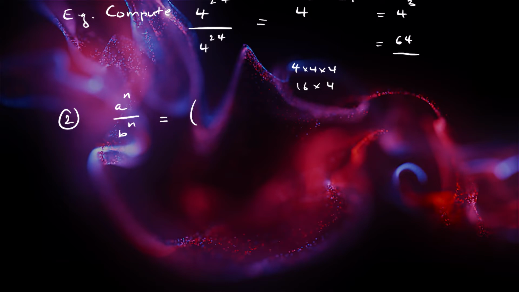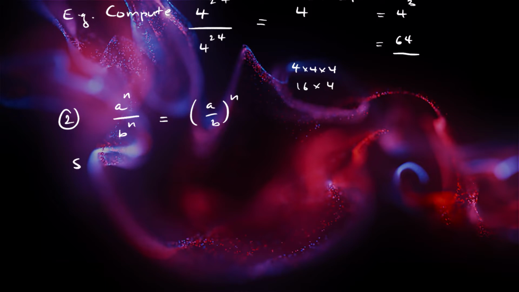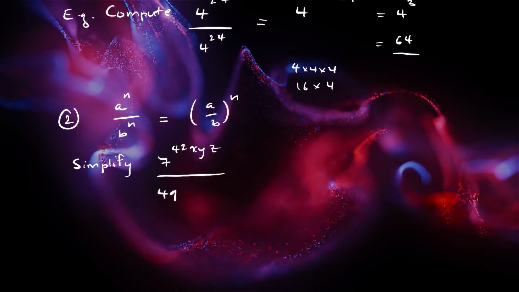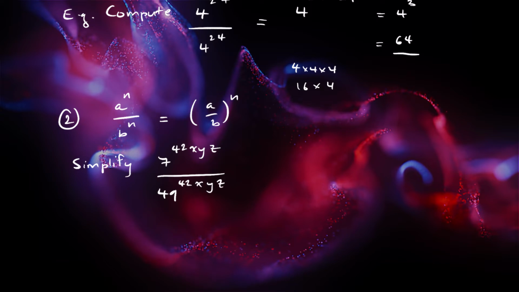So we would get a over b raised to the power of n. For example, let's simplify 7 raised to the power of 42xyz over 49 raised to the power of 42xyz. So how do we fully simplify this?